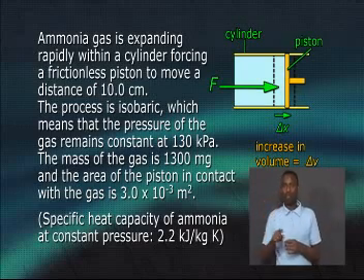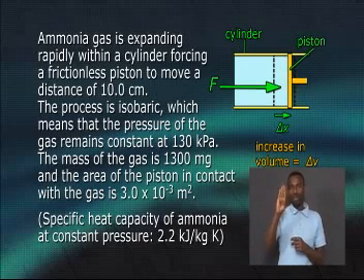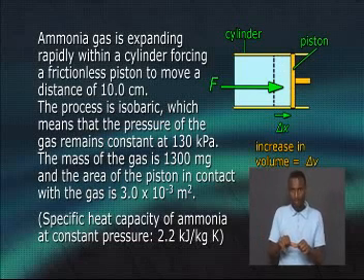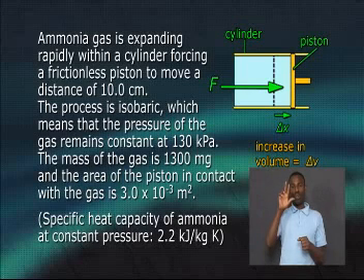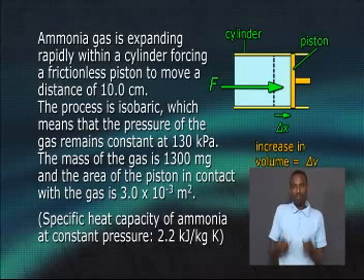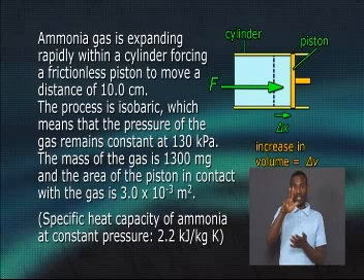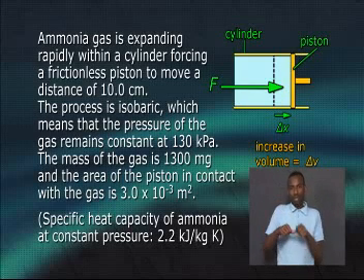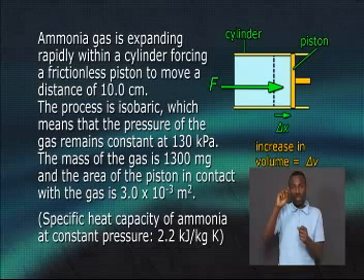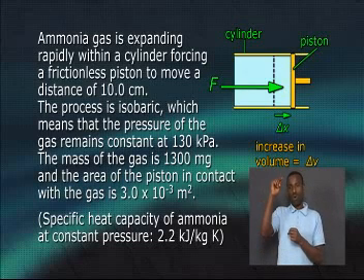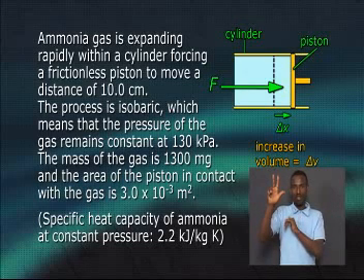The process is isobaric, which means that the pressure of the gas remains constant at 130 kilopascals. The mass of the gas is 1,300 milligrams, and the area of the piston in contact with the gas is 3.0 times 10 to the power of -3 square meters.